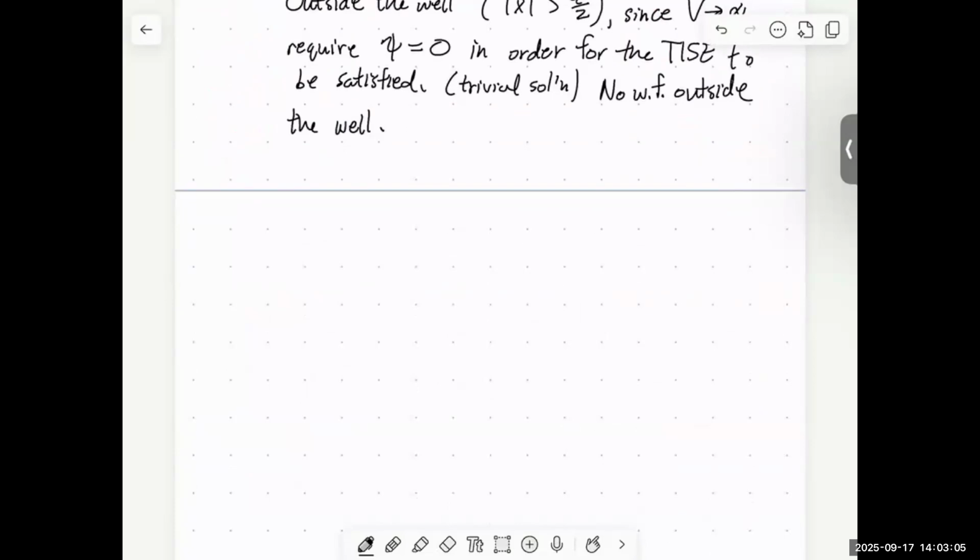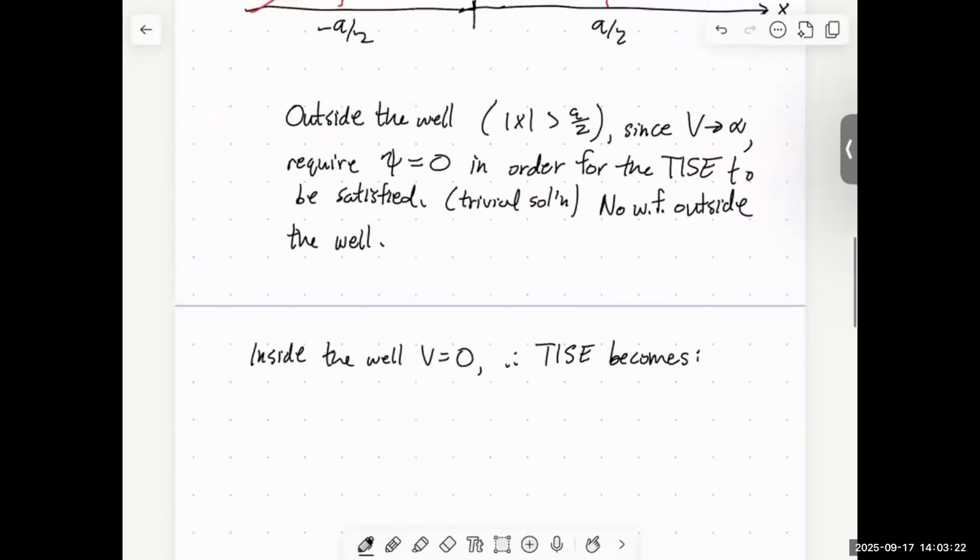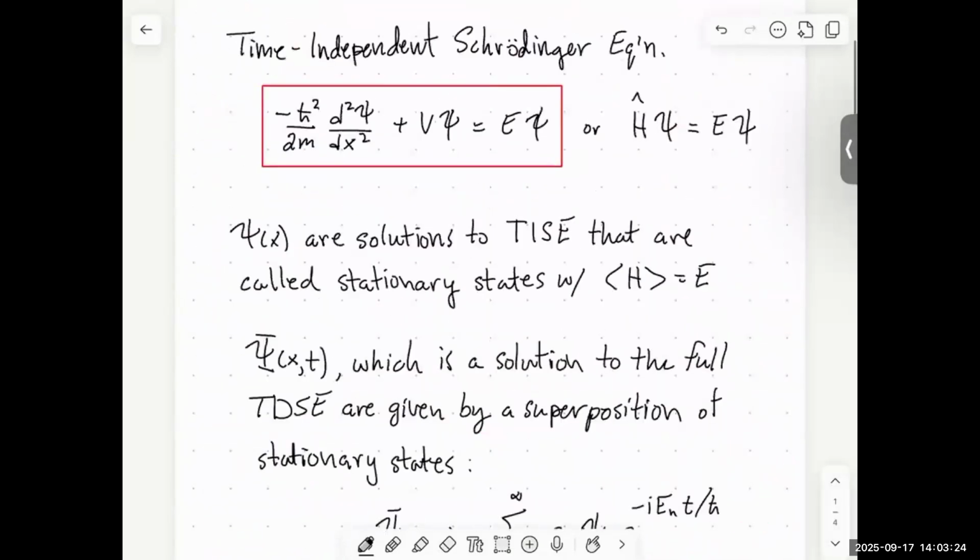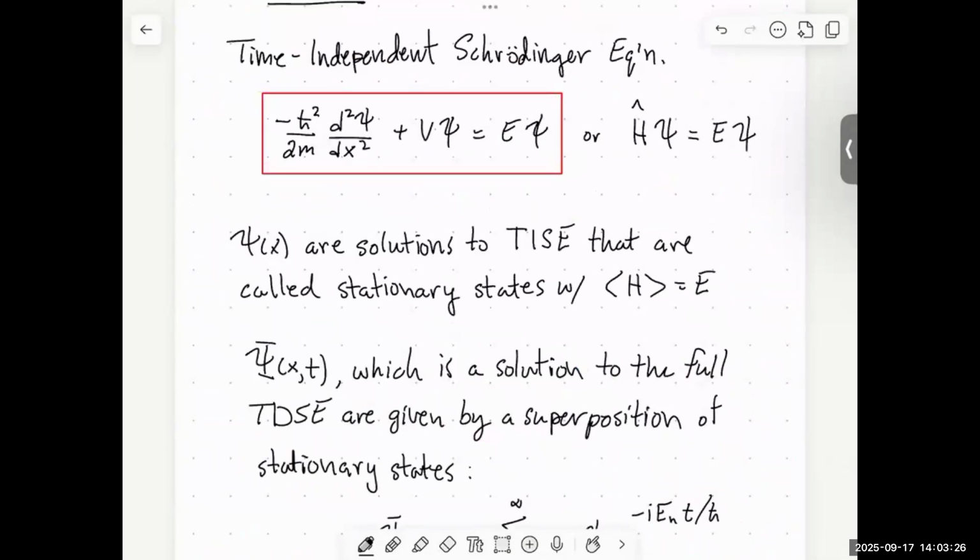Inside the well, V is equal to 0, so all we're going to do is take this expression here and put in V equals 0.